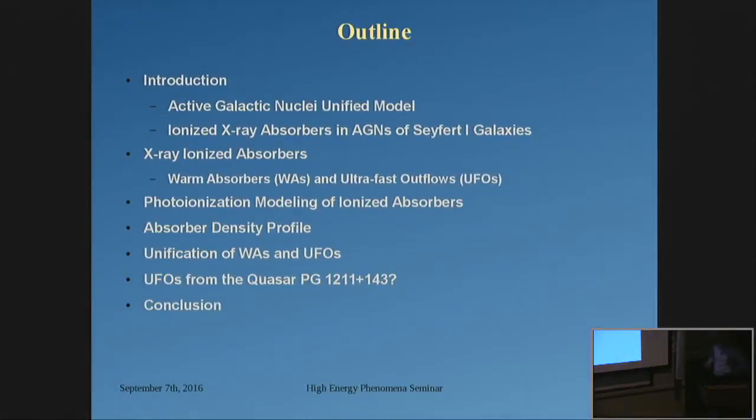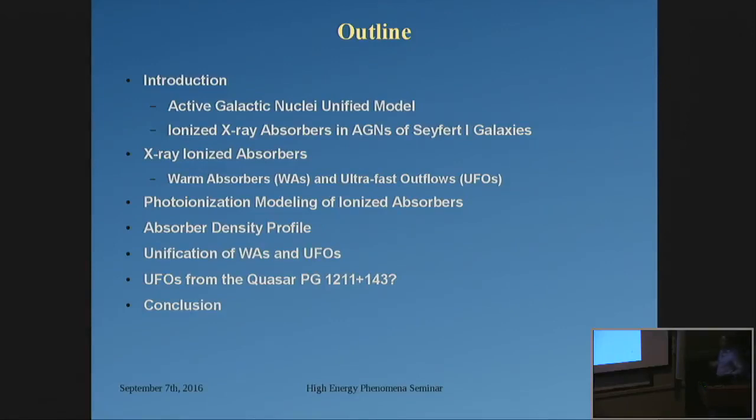Here is the outline of my talk. I will talk a bit about the classification of AGN based on the unified model, and I will talk about what an ionized X-ray absorber in AGN is, and about two different types of ionized absorber in AGN. One of them is the warm absorber, the other is the ultra-fast outflow.